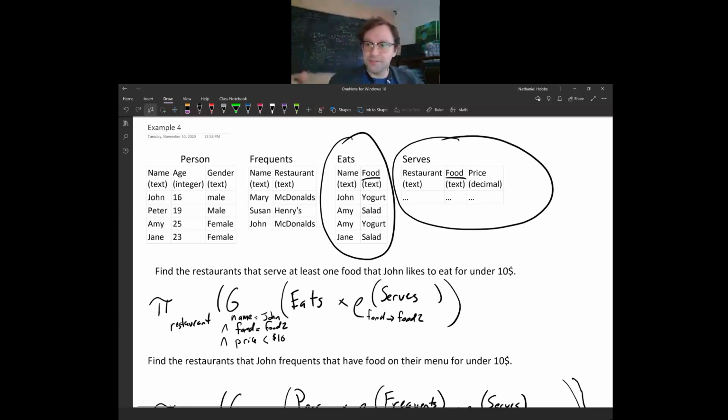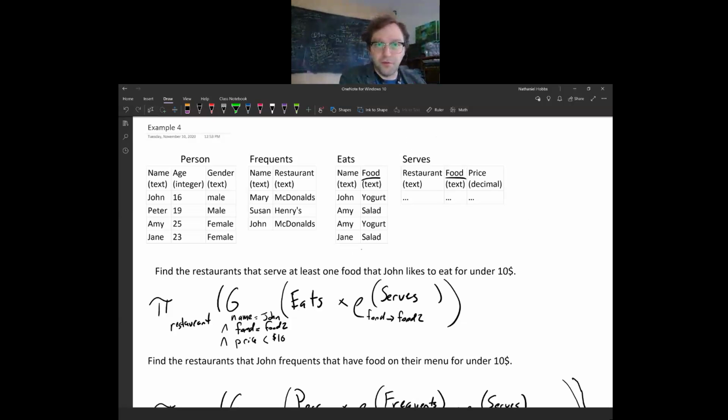Okay, because we don't have a lot of time left, I'll introduce the hard type of query that we're going to be working up to. And I'll give it to you so that you have a few days to play with it.